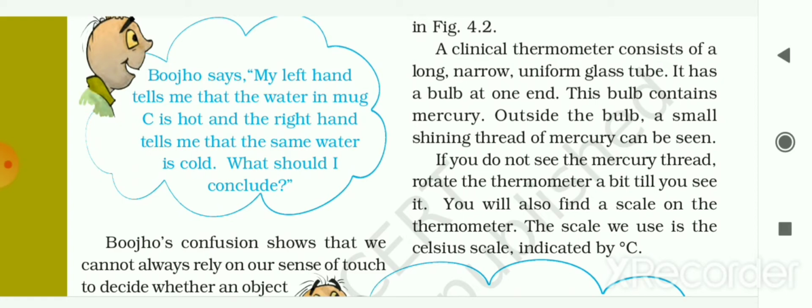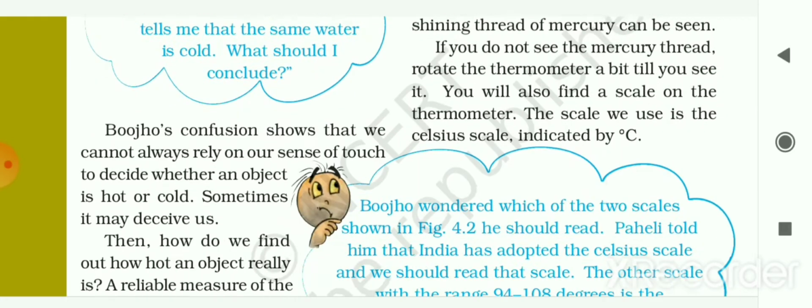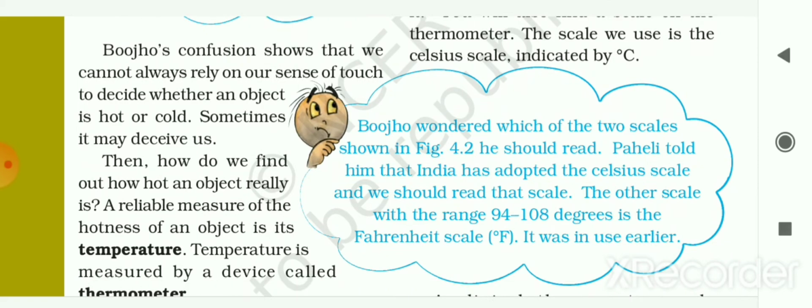What should I now conclude? So Boojho's confusion shows that we cannot always rely on our sense of touch to decide whether an object is hot or cold, and sometimes it may deceive us or mislead us.